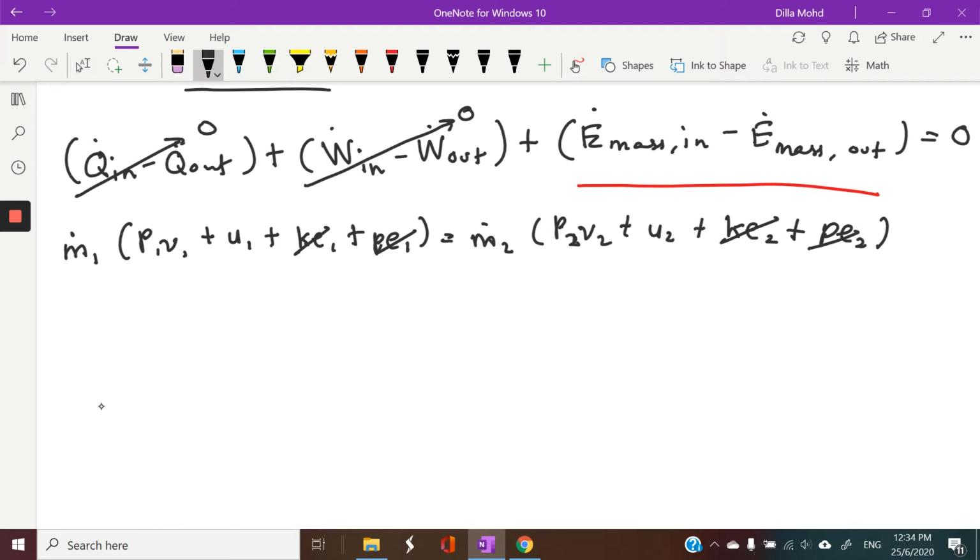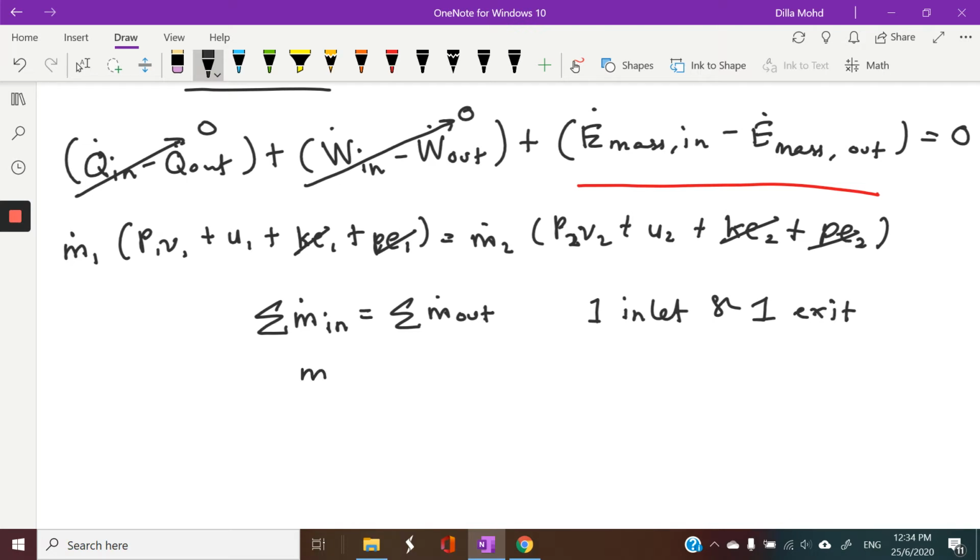You need to remember that for a steady flow system, the conservation of mass principle says that the summation of mass coming into your system is equal to the summation of mass going out of your system. In this problem, you only have one inlet and one exit, right? The mass coming in comes from point 1, and the mass going out comes from point 2, so the mass flow rate is the same and it cancels out.